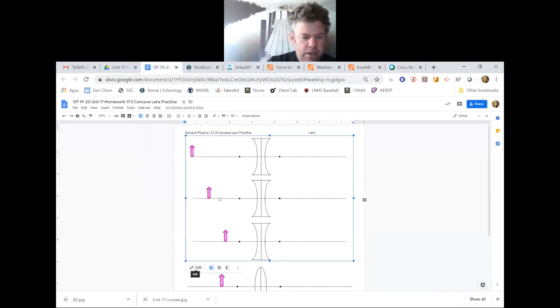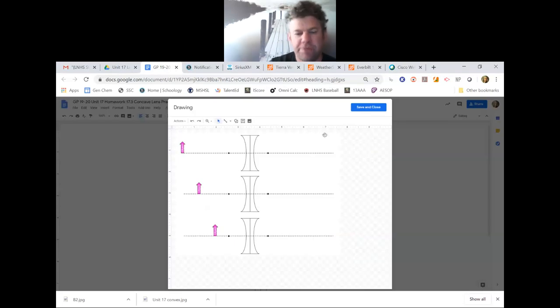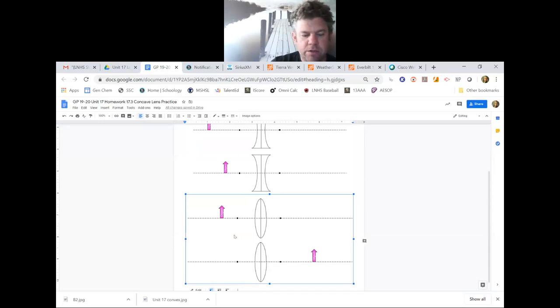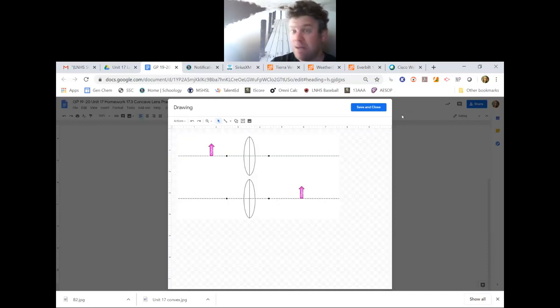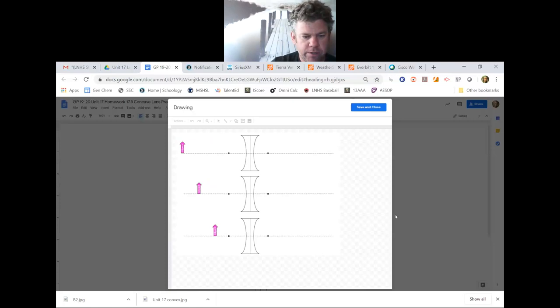So again, on the worksheet here, I go to edit on the bottom, it pulls out the specific drawing. Even for the bottom ones down here, I just select it with my mouse or pointer, and I can edit that one as well. Okay, so I'm going to edit the top one. I'll show you how to do this. All right, so here we go. All right, let me get into an arrow tool here.